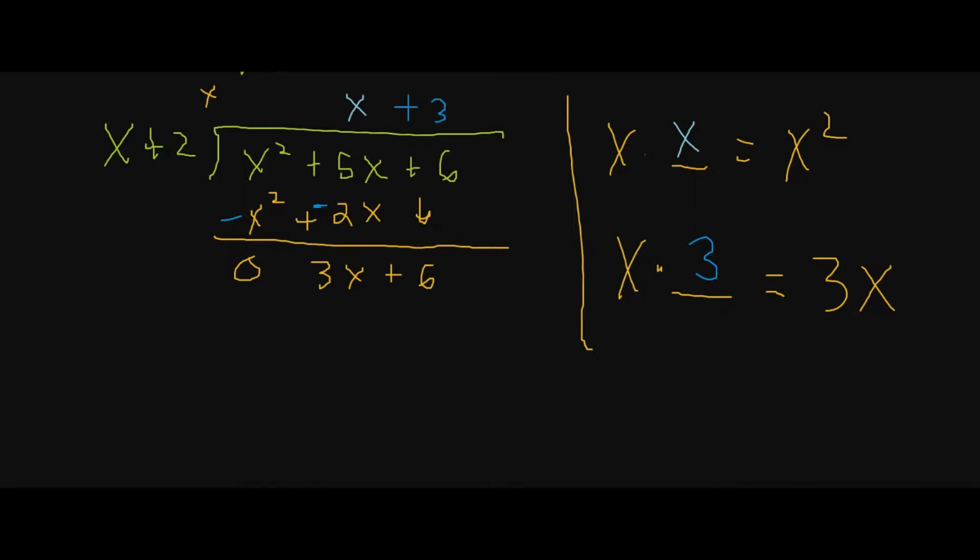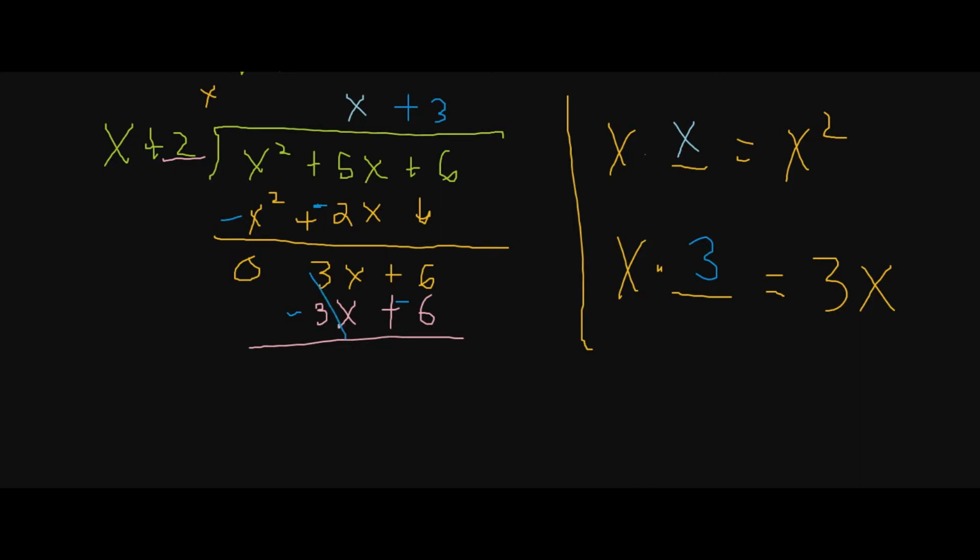Now we just proceed like we did before. What's x times 3? Well, that's going to give me 3x. And then what's 2 times the 3? That's going to give me 6. Just like before, we'll flip the signs on these. 3x plus negative 3x is 0, so that's gone.